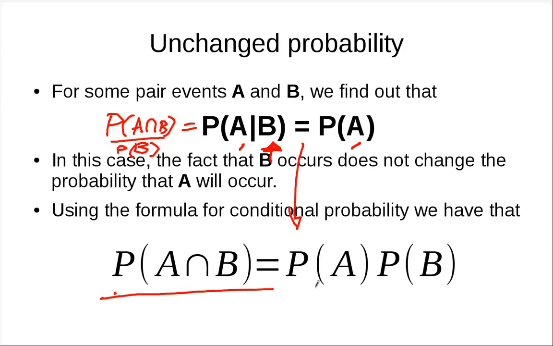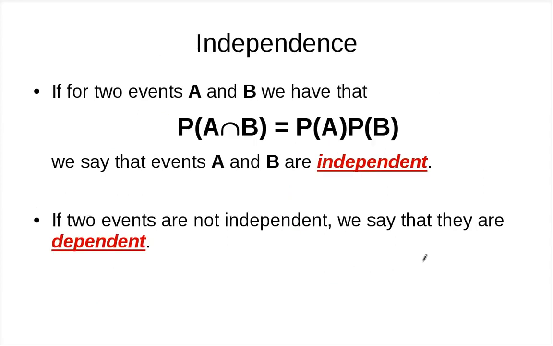In this case, we will look further at this equation. If this happens, we say that events A and B are independent. So what does it mean to be independent?